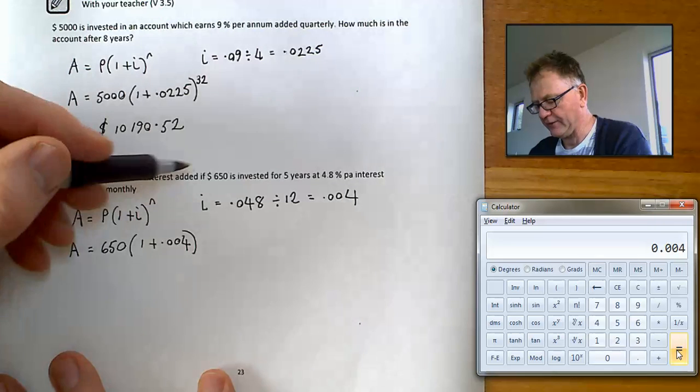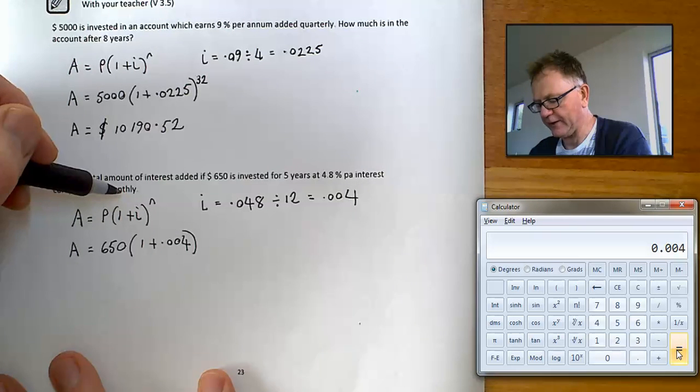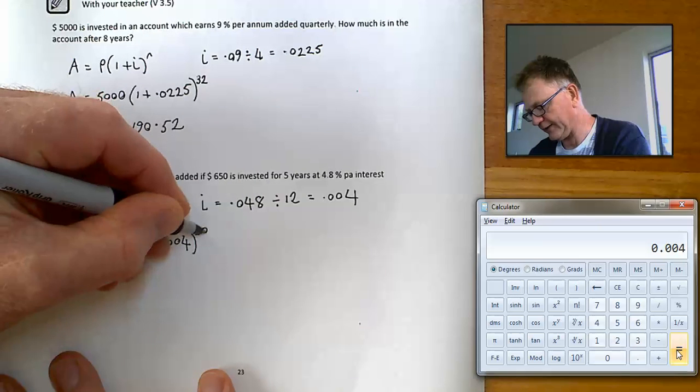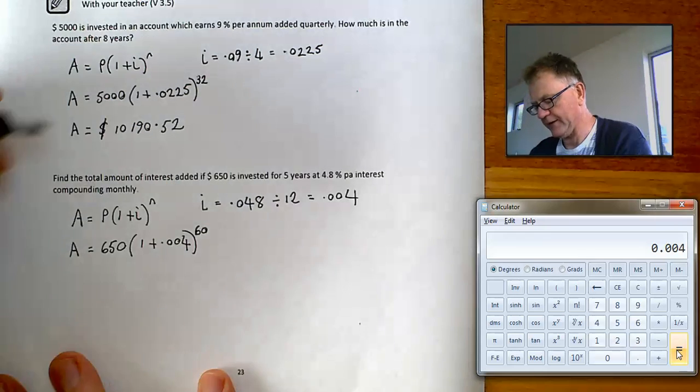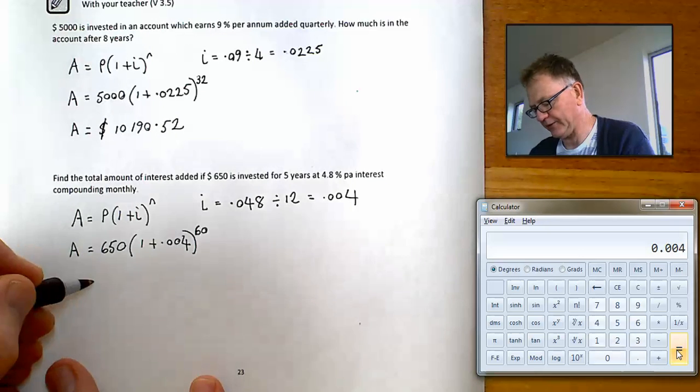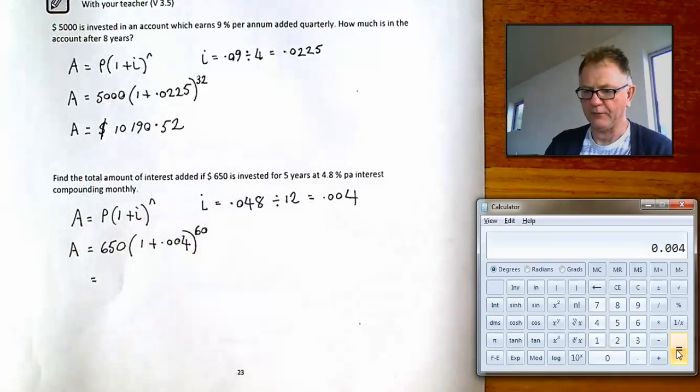So there's 12 months in a year, it will be added 12 times every year. Over 5 years it will be added 12 fives, 60 times. Okay, now it's 1.004 that we need to raise to the power 60. So I will do that first.